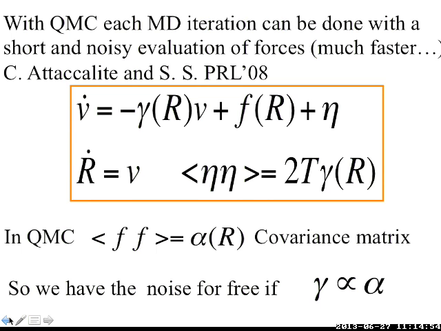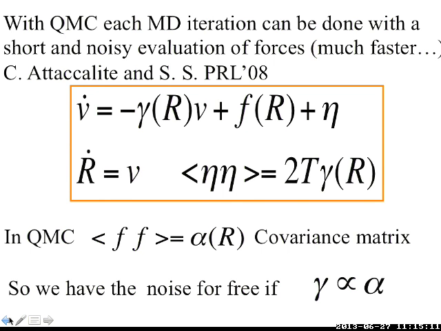This is important to use a friction that is a matrix, because when you use Monte Carlo, you have noise in the forces. And the correlation between the noise components is not necessarily trivial. There is a generic covariance matrix.